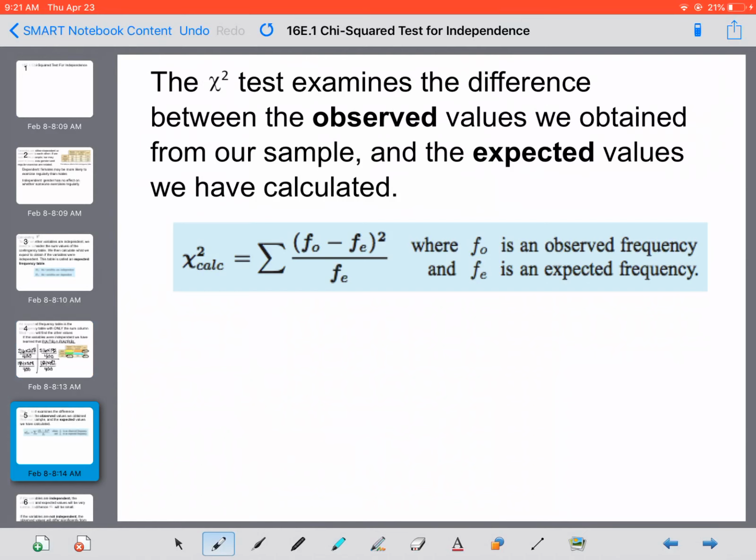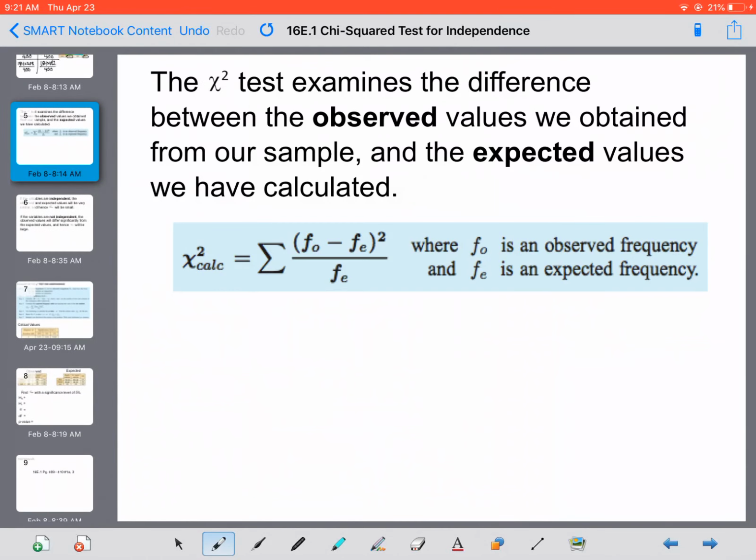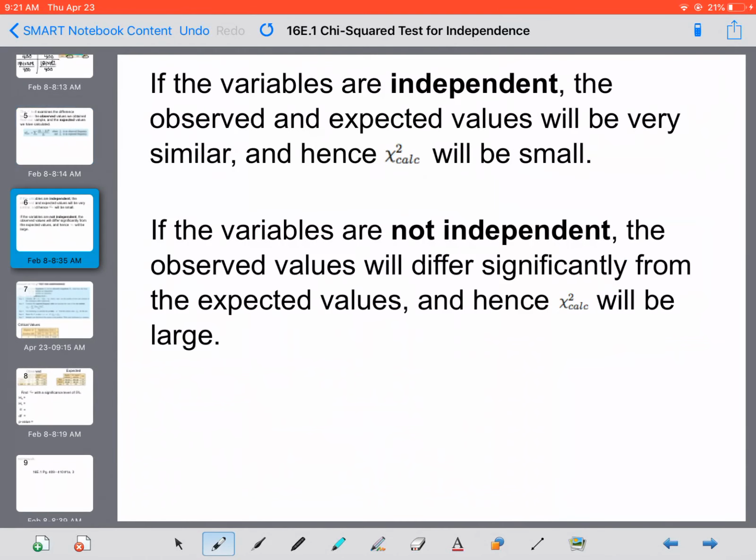That's what's going to give us our chi-squared calc value. Okay, so if variables are independent of each other, then the chi-squared calc value will be very small. If they are not independent of each other, which means they are dependent, then that chi-squared calc value will be large. So if they are dependent, it's large. If it's independent, it's small.